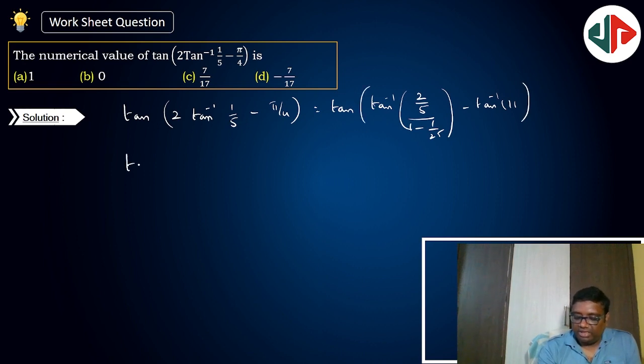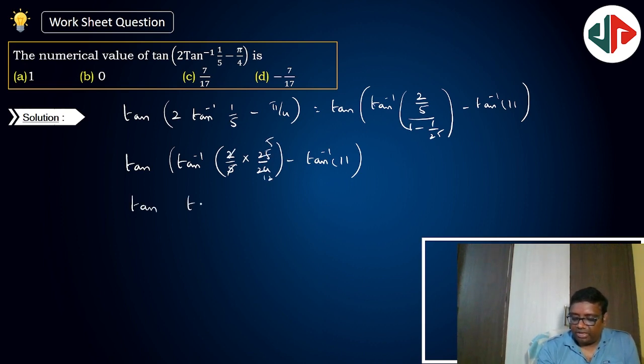So this is nothing but tan inverse of 2 by 5 into 25 by 24 minus tan inverse of 1. Again, tan inverse of 5 by 12 minus 1 by 1 plus 5 by 12 into 1.